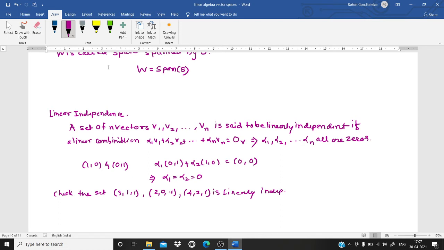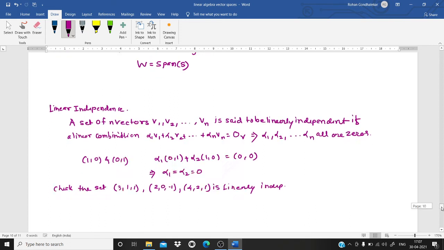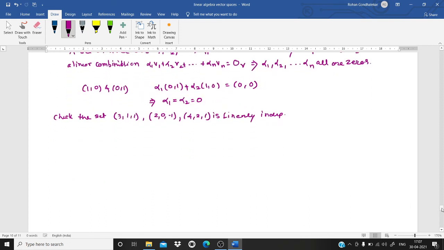How will you check this? It's very easy. Again we get a matrix notation. Consider one linear combination: alpha 1 into (3, 1, 1) plus alpha 2 into (2, 0, minus 1) plus alpha 3 into (4, 2, 1). Equate this with a zero vector.